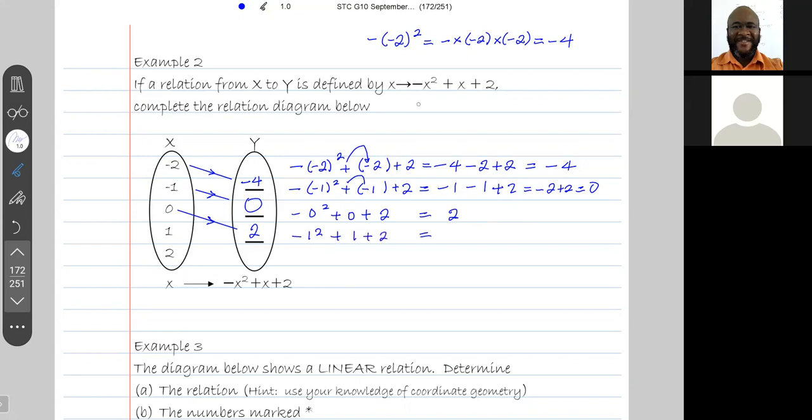Now, minus 1 squared means minus times 1 times 1. So for minus 1 squared, the negative is not squared. The only thing that is squared is the 1. So this is -1. So we have -1 plus 1 plus 2, which is 2. So 1 is mapped to 2.